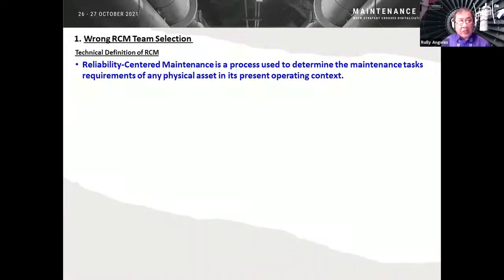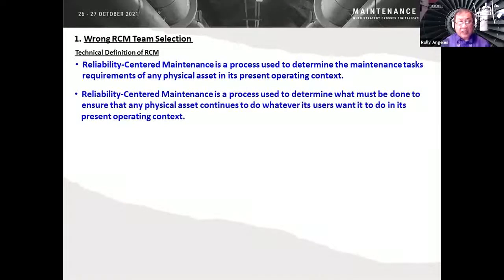Or a lighter definition is that RCM is a process used to determine what must be done so that we can ensure our equipment, our assets will continue to do whatever the user wants them to do in its present operating context. So it means that RCM is a process to derive the maintenance tasks and maintenance requirements in its current physical condition right now, okay?